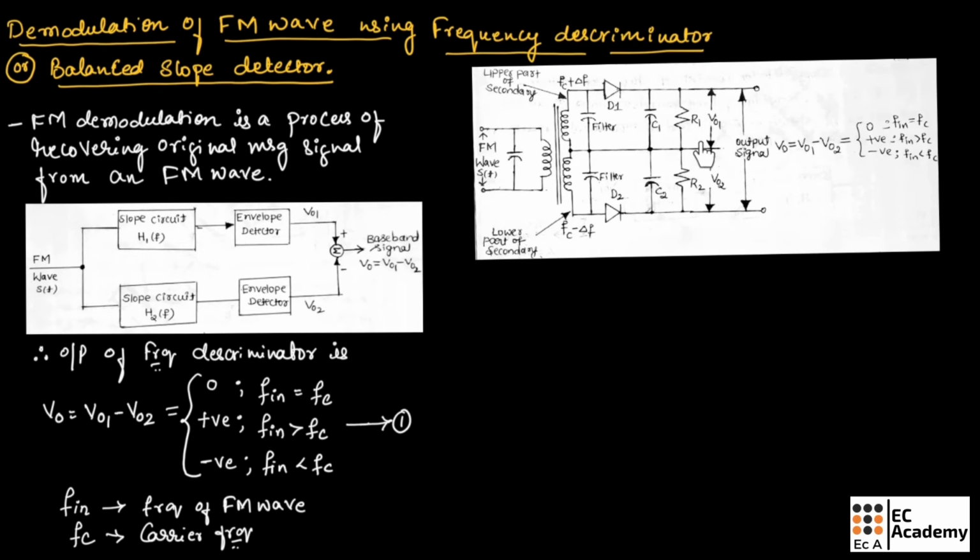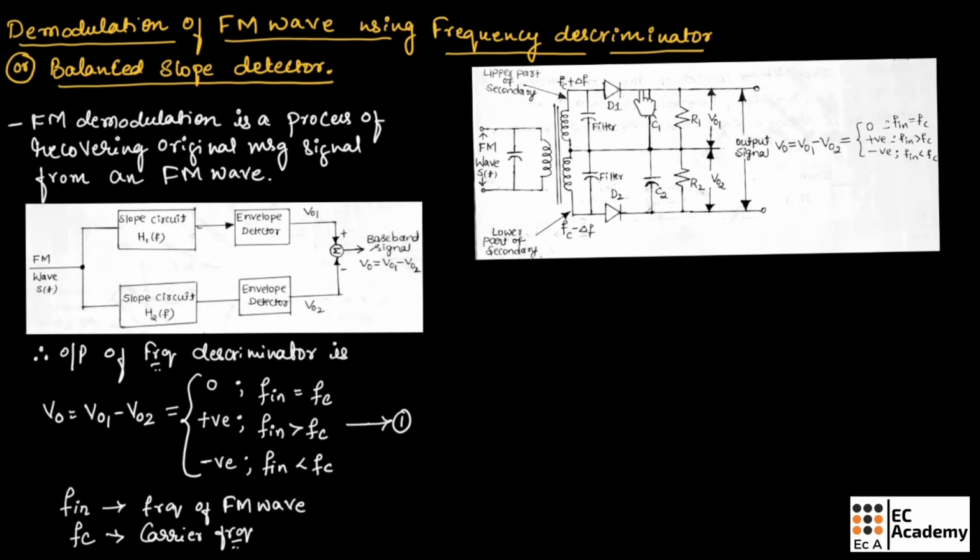This circuit is the equivalent circuit diagram of frequency discriminator or balanced slope detector. It consists of a center tap transformer at the secondary side, and the primary side is tuned to the frequency of the FM signal.